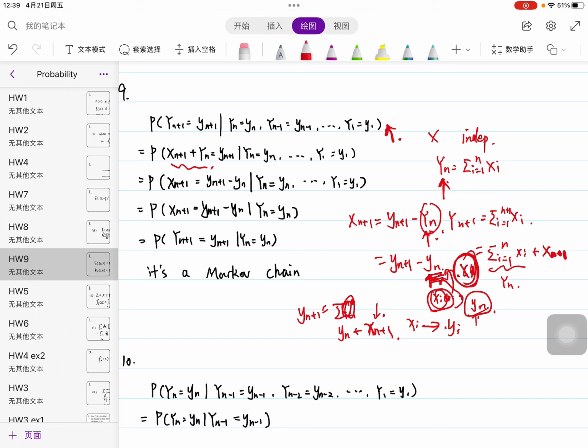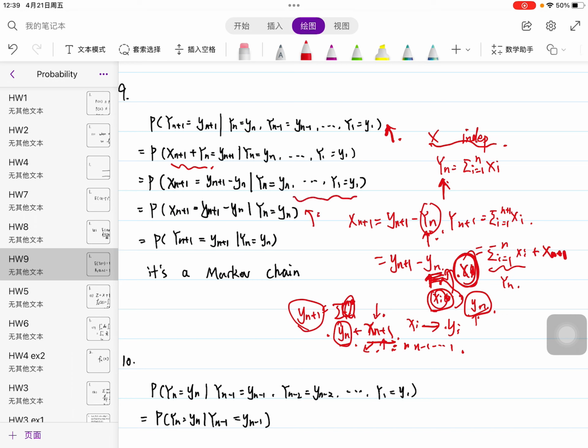Here x is also lowercase. Since we know that X is an independent variable, xn plus 1 has nothing to do with yn. Since xn plus 1 is independent of the terms from n minus 1 down to 1, Yn and Yn plus 1 relate only through that step.